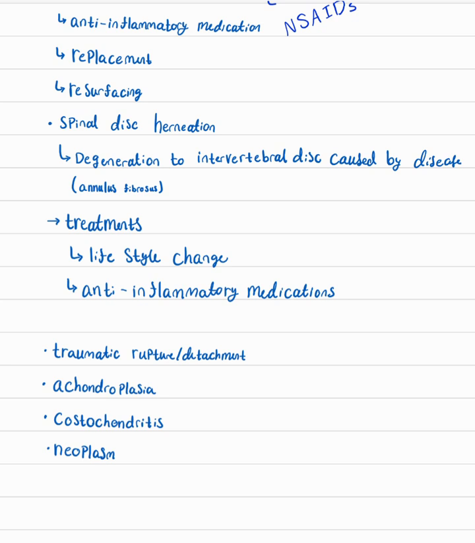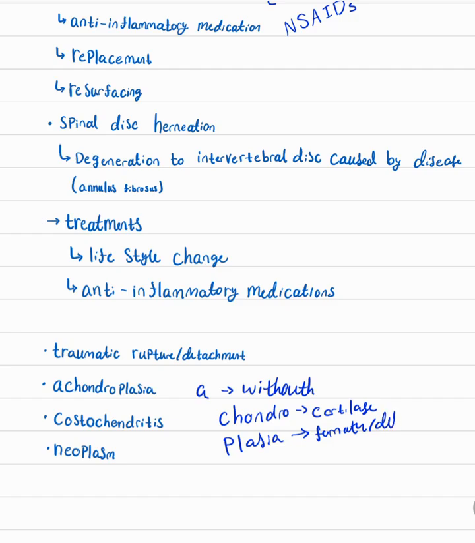And then some other conditions: you can have traumatic rupture or detachment of tendons or ligaments. Achondroplasia: a meaning without, chondro meaning cartilage, and plasia meaning formation or development.